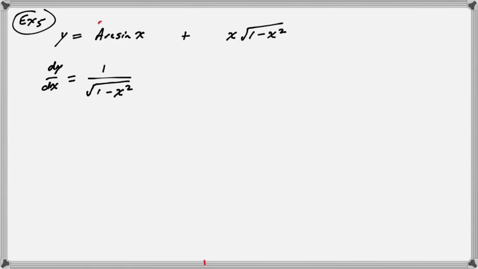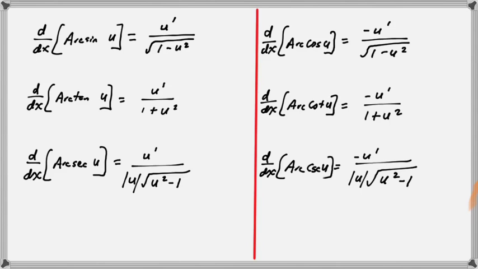So let's do it again. If this is arcsine of u, the derivative is u prime over radical 1 minus u squared. In other words, all I did was follow the formula that was given here.